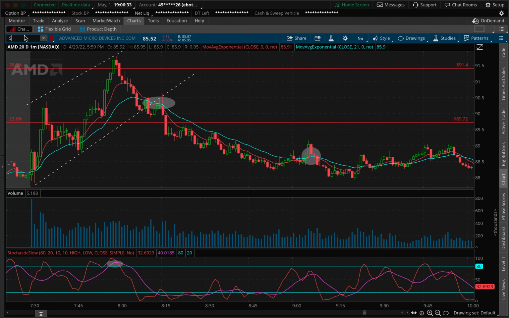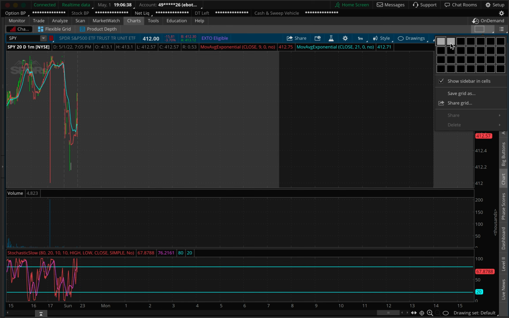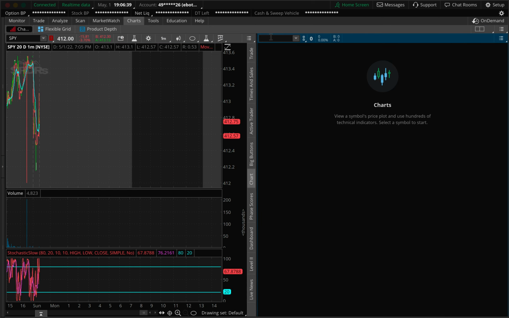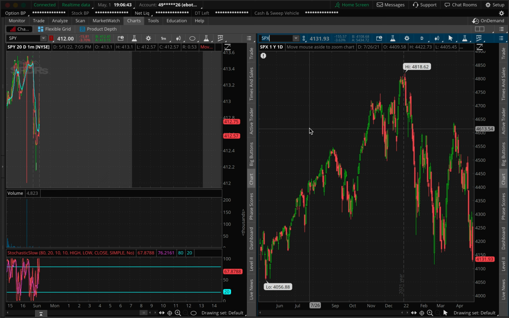So let's look at SPY. As a trader, you want to make sure you're paying close attention to the top ETF, SPY, right? That literally controls the whole market. SPY controls 500 of the biggest companies in the world.